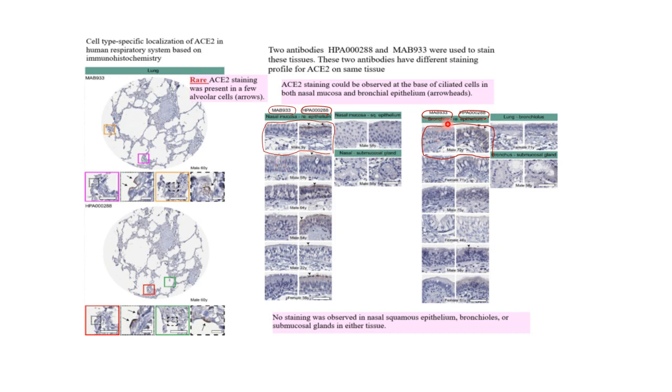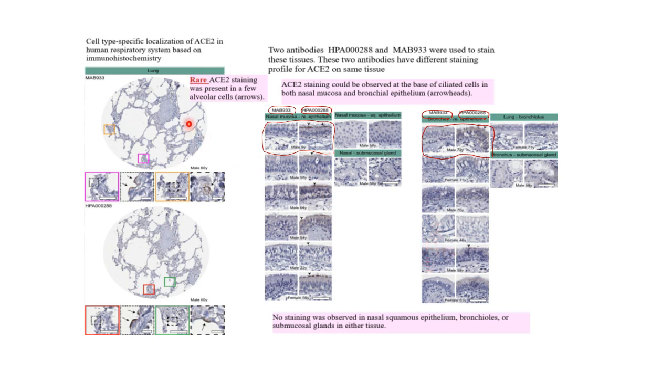In the bronchus ciliated epithelium, again, HPA000288 stains quite clearly for ACE2, whereas MAB933 again is lacking reactivity against ACE2.